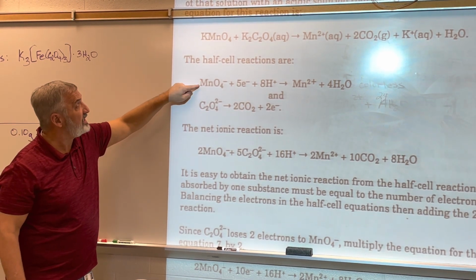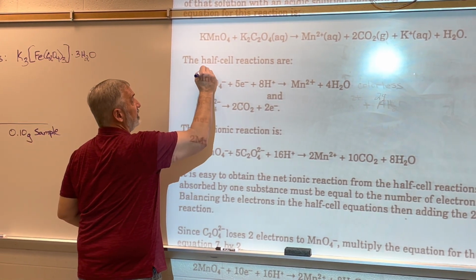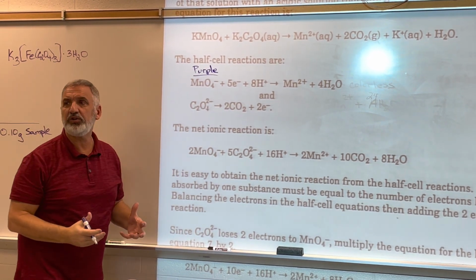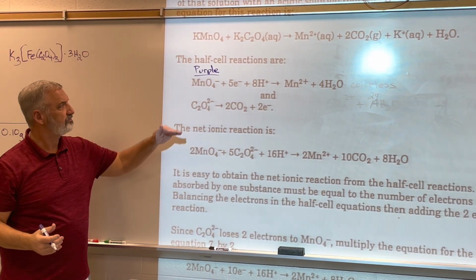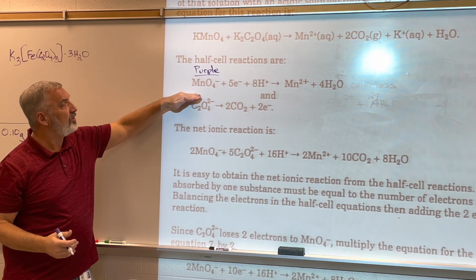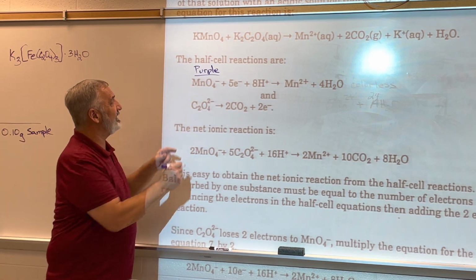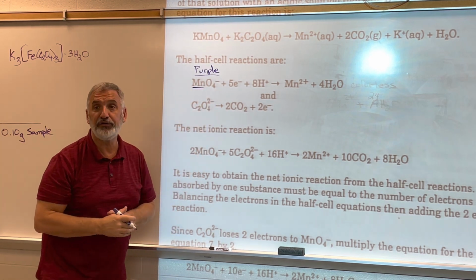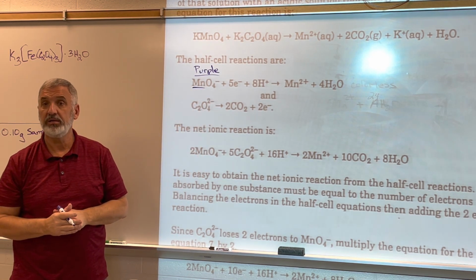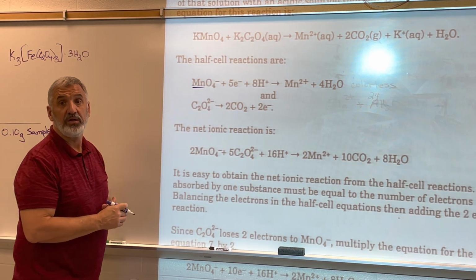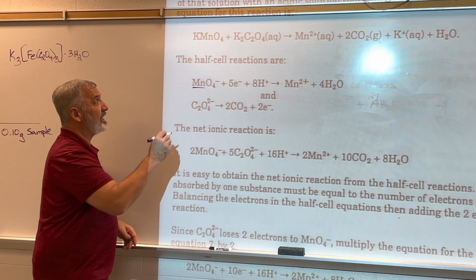But this is our purple stuff. Now we're just having a net ionic equation, so we're leaving off the K. So what was the oxidation state of the manganese in the MnO4? Plus 7. How did we get that? What do we know oxygen is? Sam, go ahead.